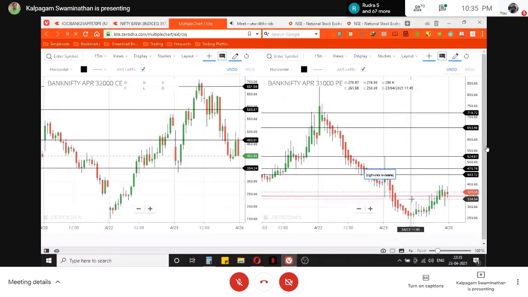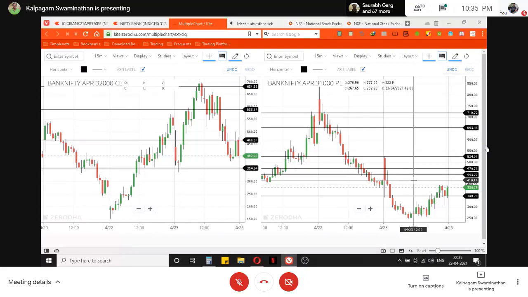This is something that I have to learn, that if you hit your SL, don't give up. Keep trying. You keep on trading as the signals come. A couple of stop losses will not throw you out of a trade.